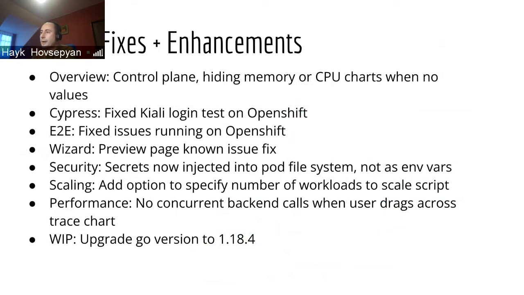Also, there was a bug where the UI was sending too many concurrent requests to the backend during the trace chart dragging. So it is fixed, so no more concurrent requests into the backend. And another important thing, which is work in progress, is upgrading the Go version to 1.18.4, which will be released soon.